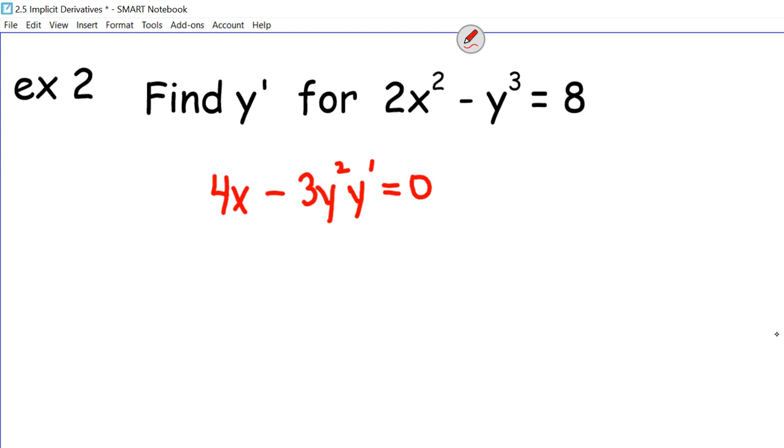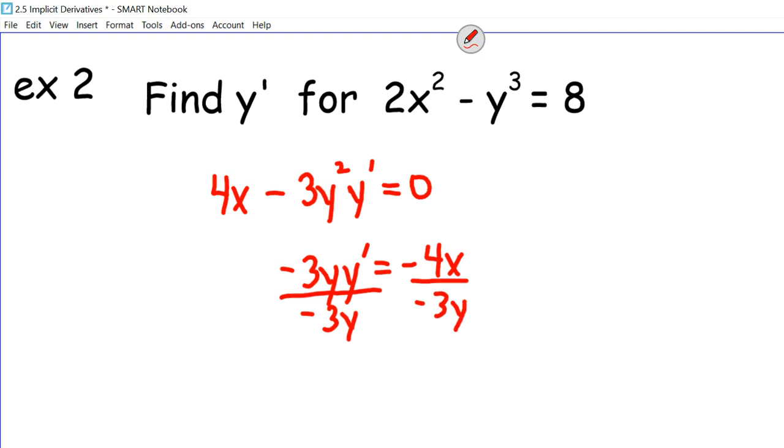So I'm going to subtract the 4x over, so I get a negative 3y y prime equals a negative 4x. Divide everything through, so I get y prime to equal 4x over 3y.